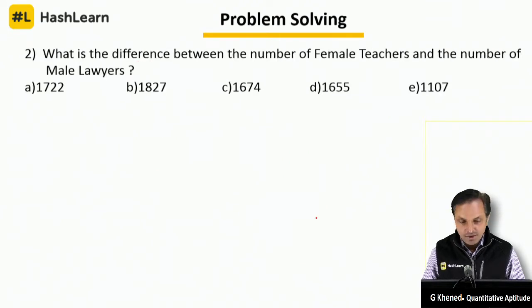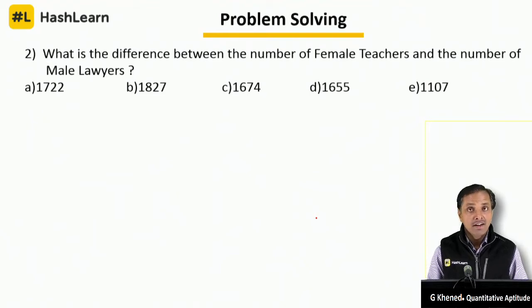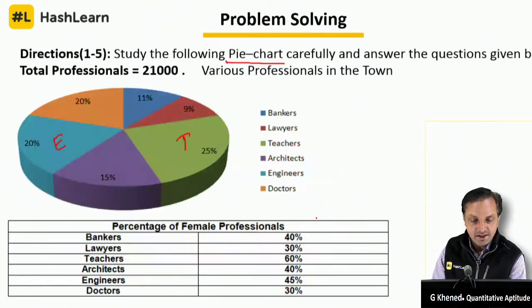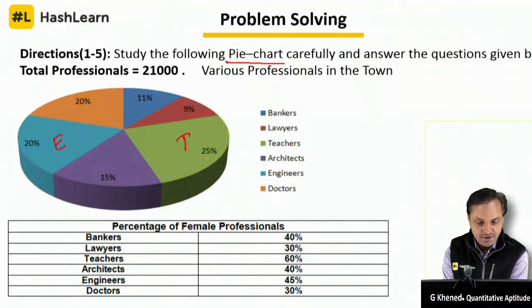Let us go to the next example. What is the difference between the number of female teachers and the number of male lawyers? Okay. So female teachers, let me come to the main data. Teachers, let me concentrate.